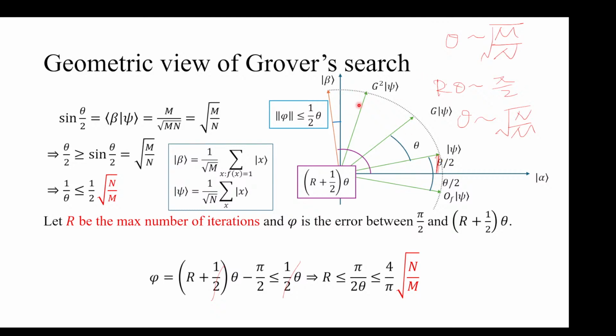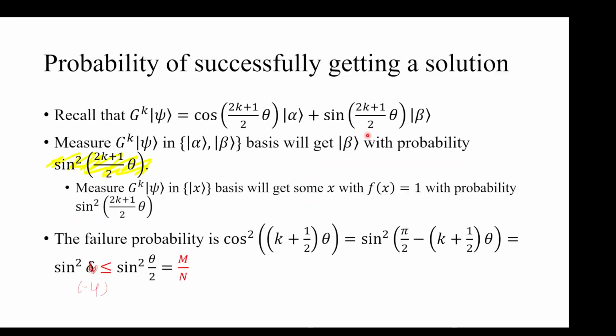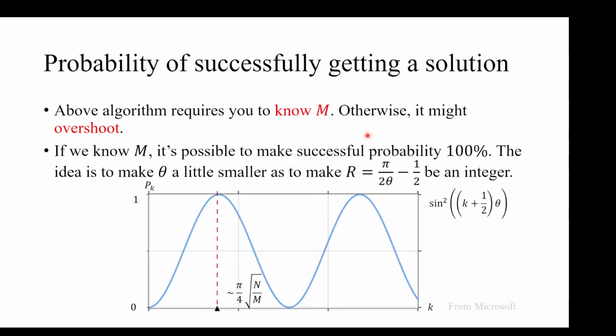So we say we overshoot a little bit, making us have error. But if you make theta a little smaller, and everything a little bit closer to alpha with the exact number, then you can have your angle exactly on pi over 2, and then you have no error. So that's a good thing you can do if you know M.